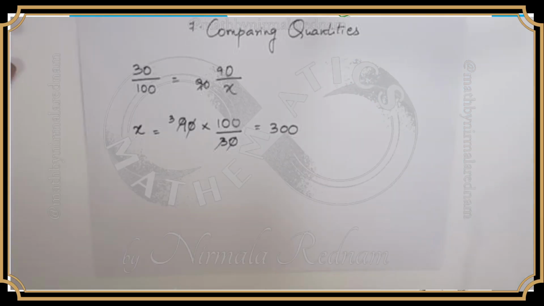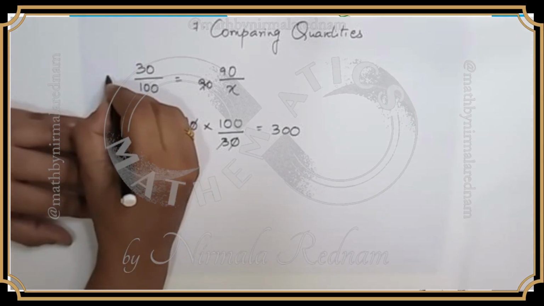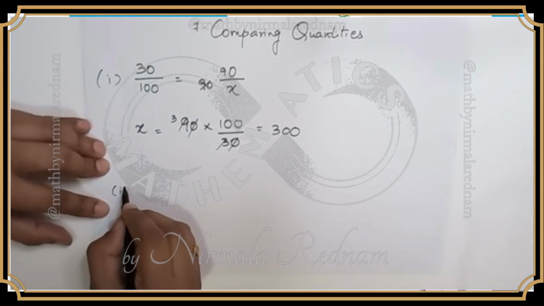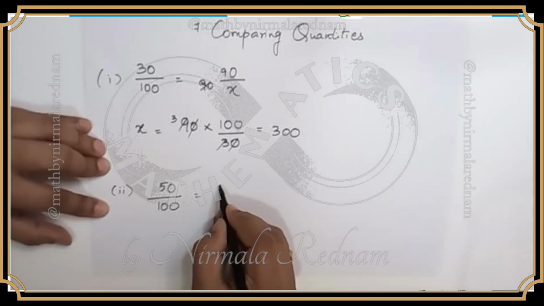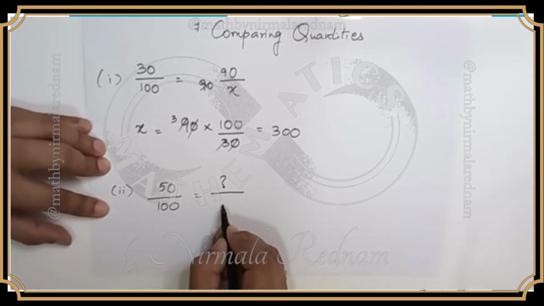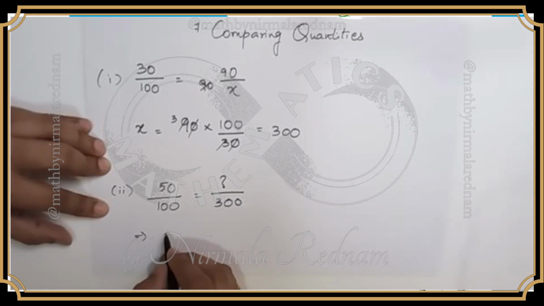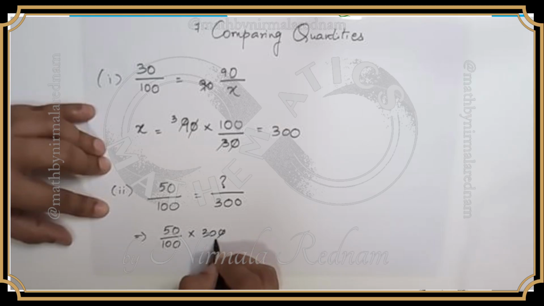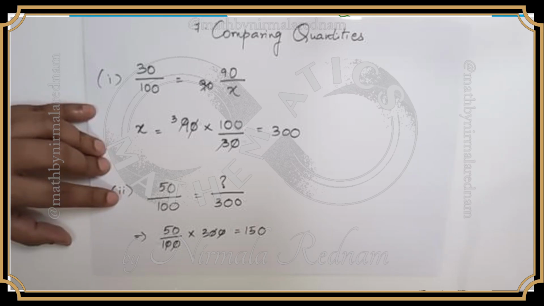So what we are going to do is half of 300, right? Because 50% is half. So 50 out of 100 means, what is the actual number of parents that do not help out of 300? That means the answer is 50 by 100 into 300, which is nothing but 150. Half of 300 is 150, right? So that is your answer for the second question in the try these.